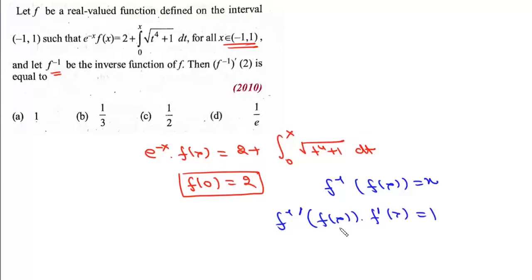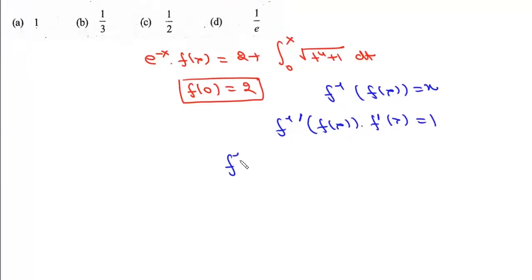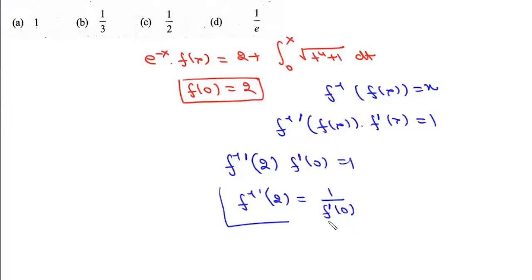Now if we put x as 0, we'll write the derivative of f inverse at f(0), which is 2, into f dash 0, will be 1. So the derivative of the inverse function at 2 will be equal to 1 upon the derivative of this function at 0. So we need to find the value of f dash 0.